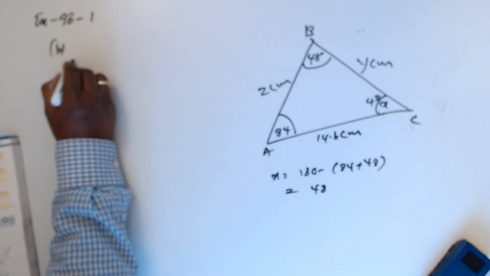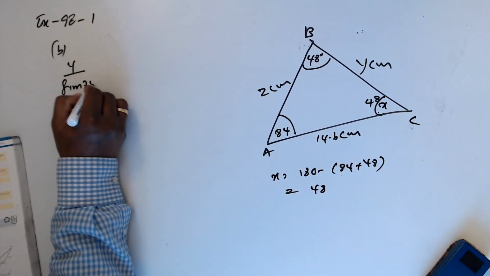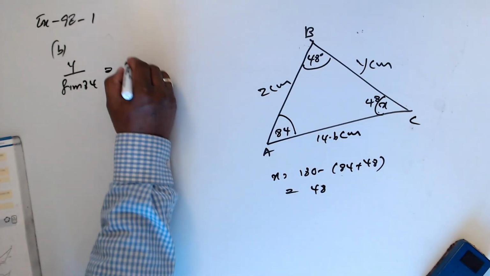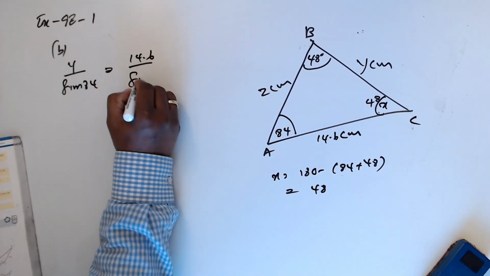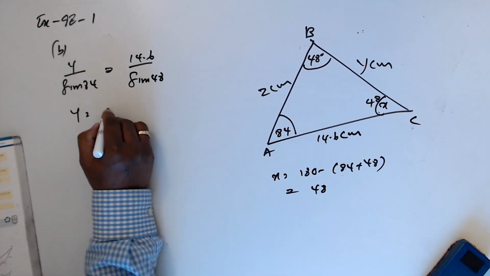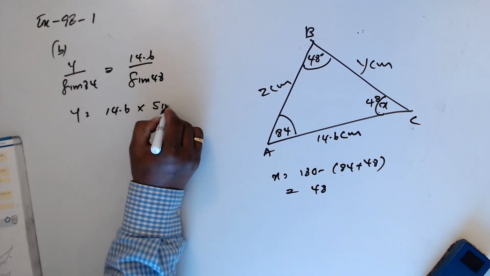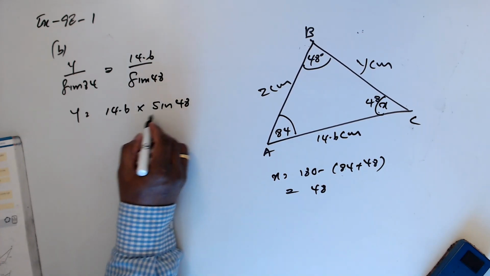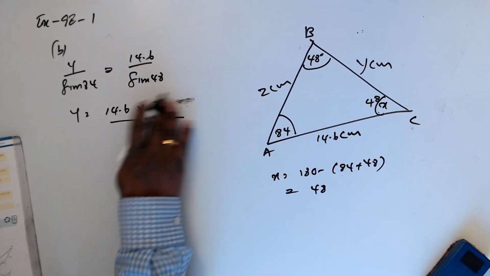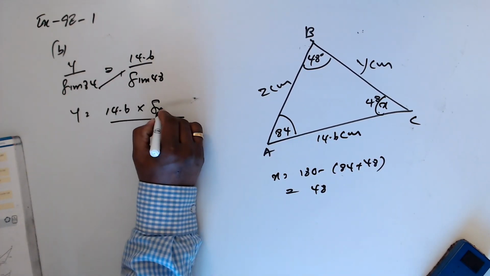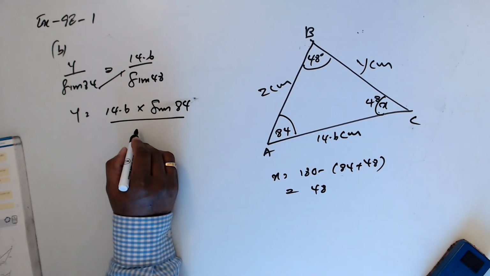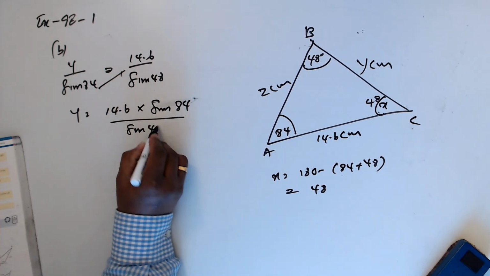So y over sine 84 equals 14.6 over sine 48. So y equals 14.6 sine 84, cross multiply, divide by sine 48.